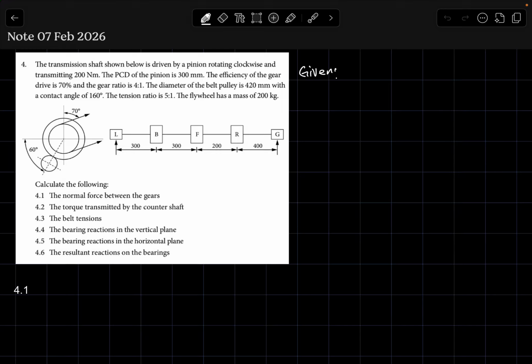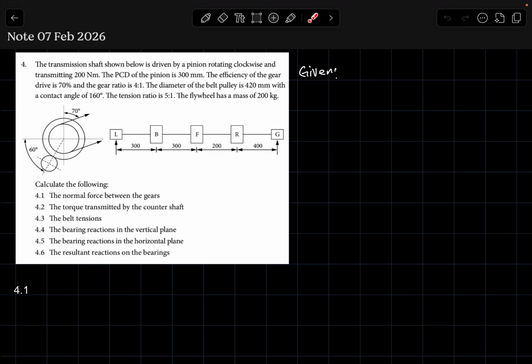First, let's look at the statement and take from it our given data. The statement reads as follows: the transmission shaft shown below, so essentially this line shaft, is driven by a pinion rotating clockwise.